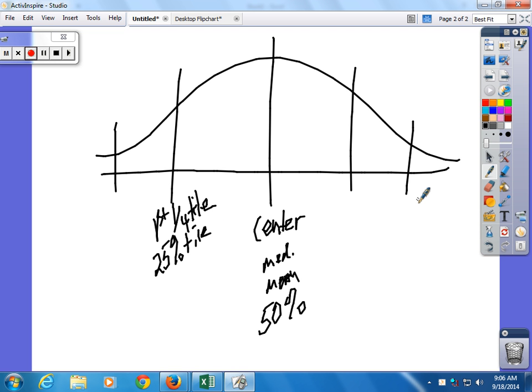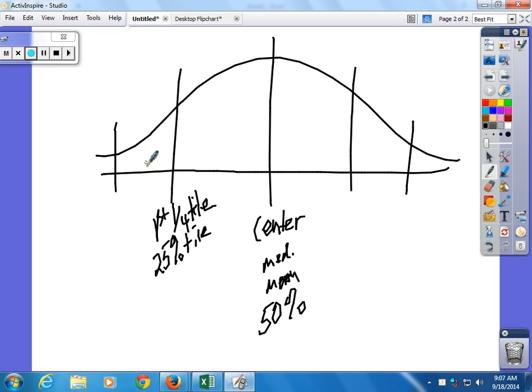I'm showing you what quartiles are. The -1 standard deviation is not the 25th percentile. The 25th percentile is usually going to fall somewhere in here. This is 16%, I think. Somebody look on 103, the empirical rule.